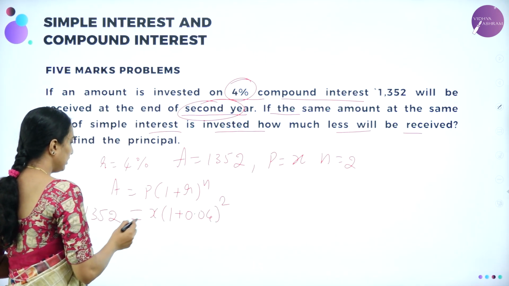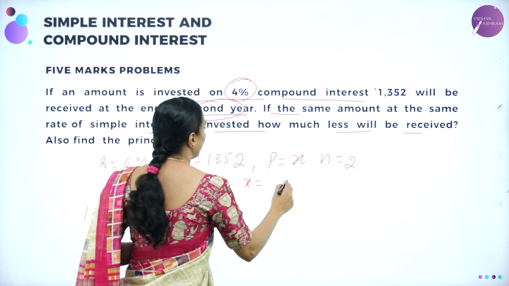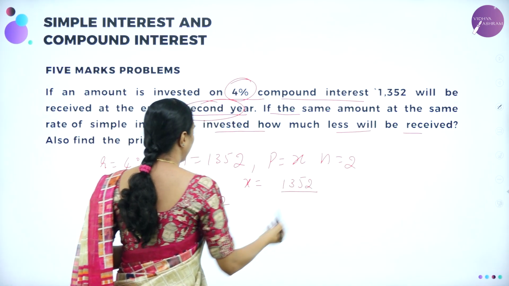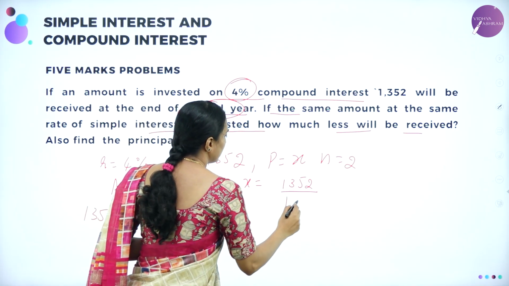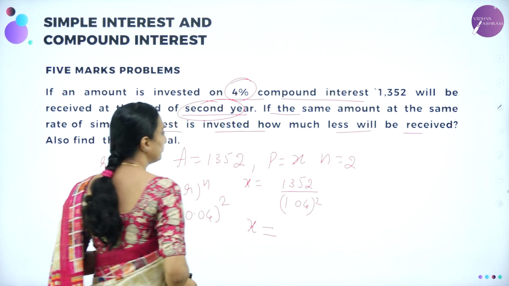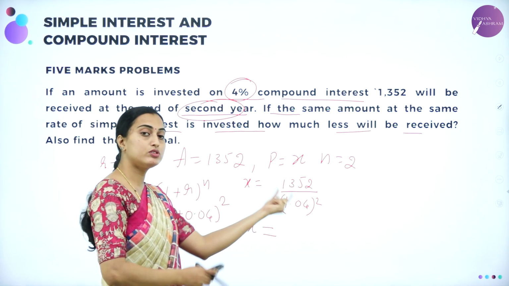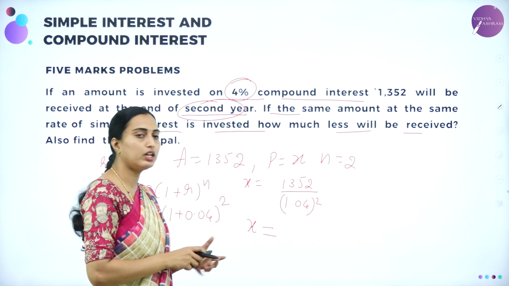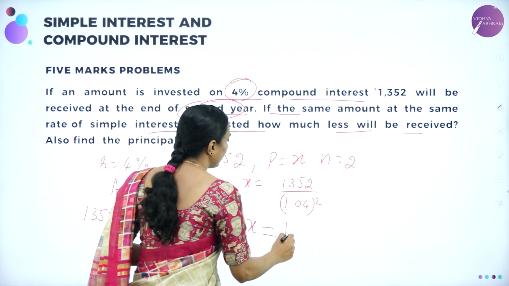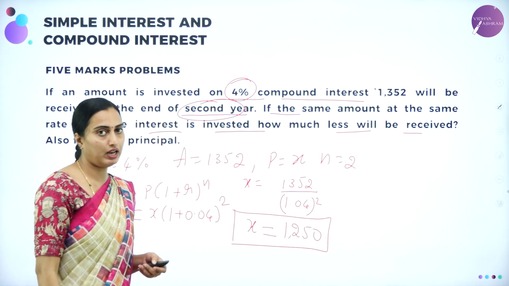So by rearranging this, X will be equal to 1,352 divided by 1.04 whole squared. If you do this in a calculator, you are going to get 1250. So this is the principal amount.